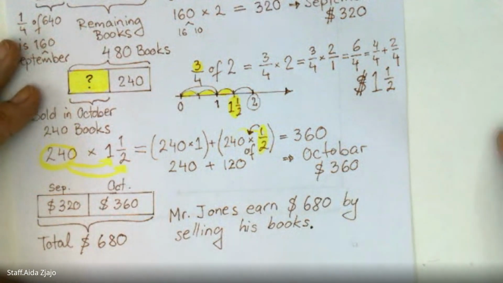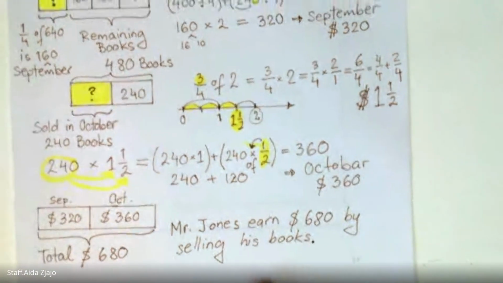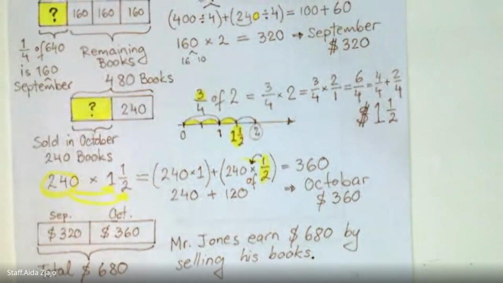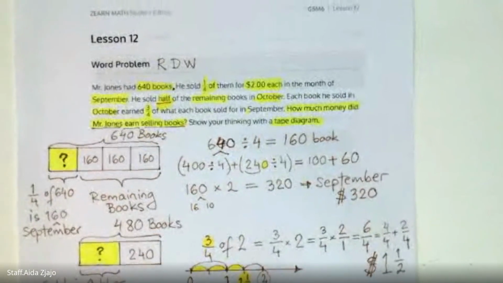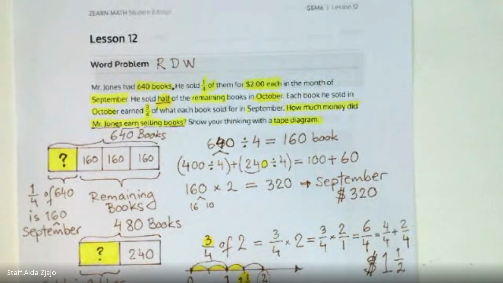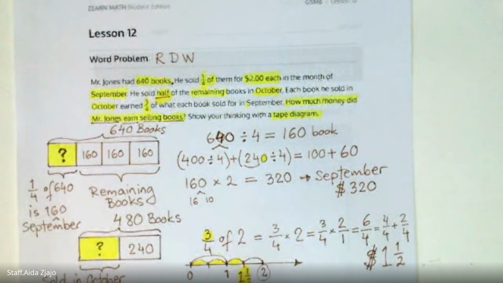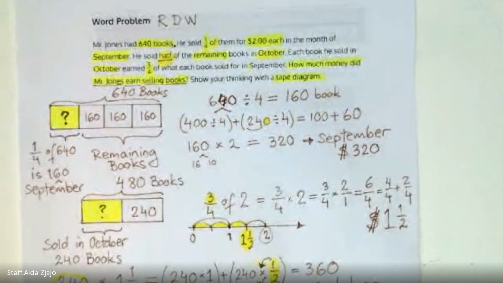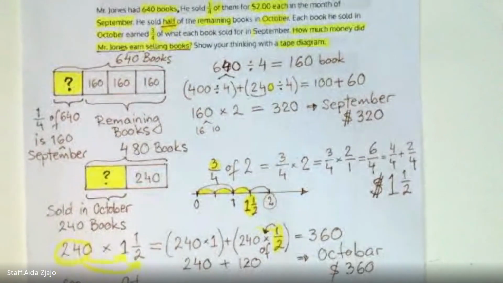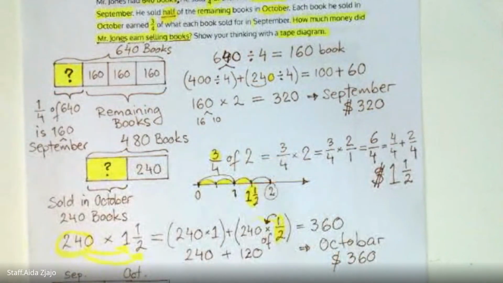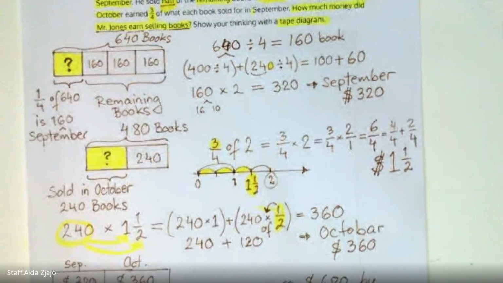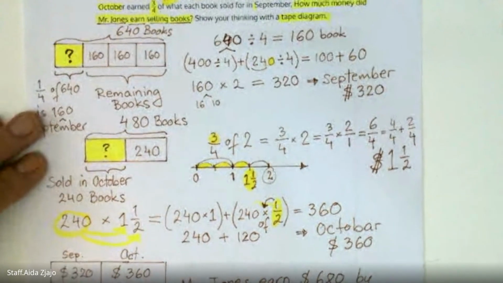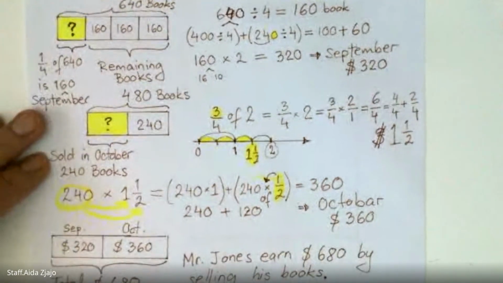All right. So this is Lesson 12, Grade 5, Module 6. I hope this makes sense to you and helped you understand what steps you would need to take in order to solve this.